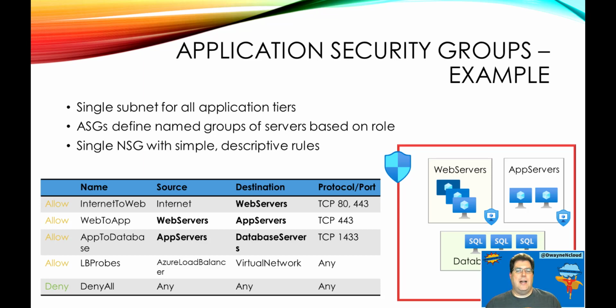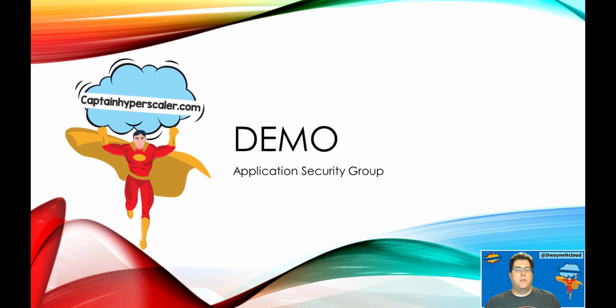They provide single descriptive rules based on ports, but also based on internet sources and web server destinations. So there's a little bit more that you can utilize rather than just ports and IP addresses that you can do with NSGs.